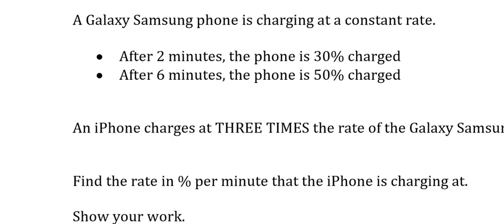Sorry, say that again. How much is each minute? Ethan, what did you say? How did you figure that out? 30 divided by 2. That only works if it's direct variation, if there's no starting. We don't know if there's a starting. Ethan, what do you think? Divide the differences. What do you mean by that?